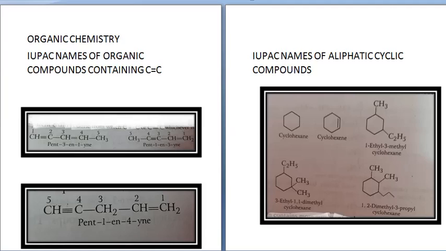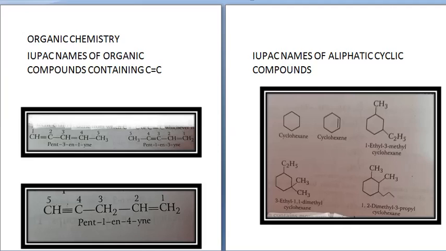So we've taken an example over here. There is CH triple bond C, CH double bond CH, single bond CH3. So numbering will be done from this side, because here the first carbon is having the triple bond. Okay, and if you count from here, it would have been the second carbon.